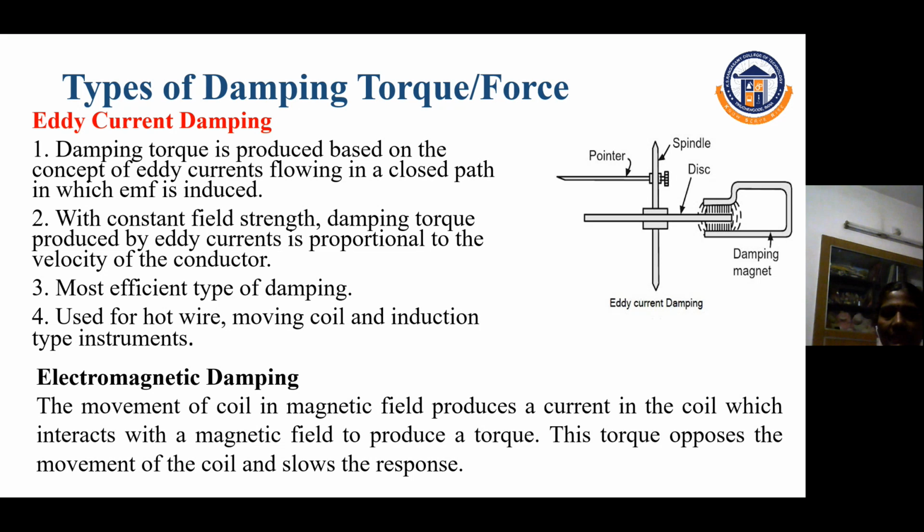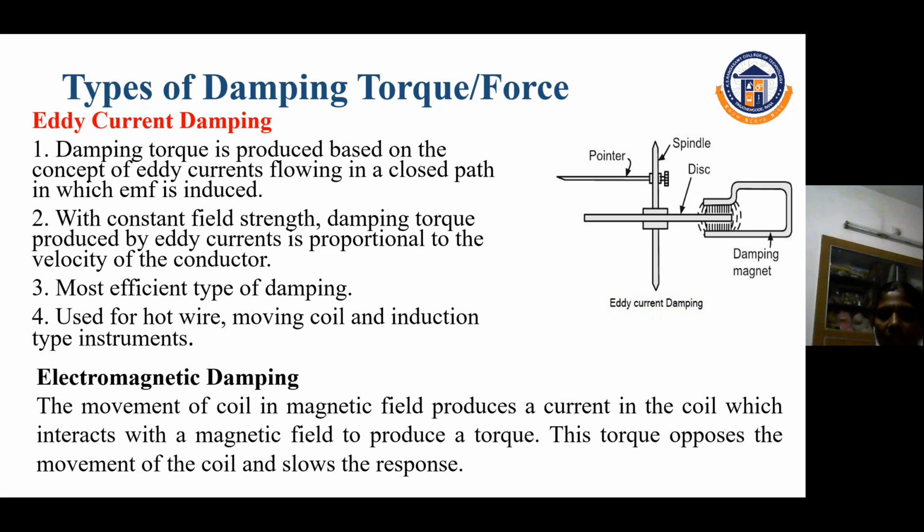So with a constant field strength, the damping torque produced by eddy current is proportional to the velocity of the conductor. This is the most efficient type of damping, and we use this electromagnetic damping for hard wire, moving coil and induction type instruments.